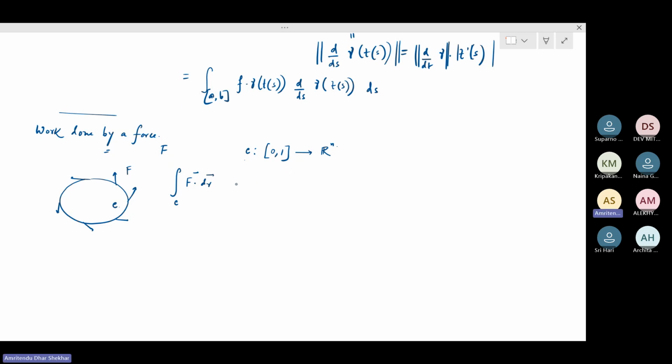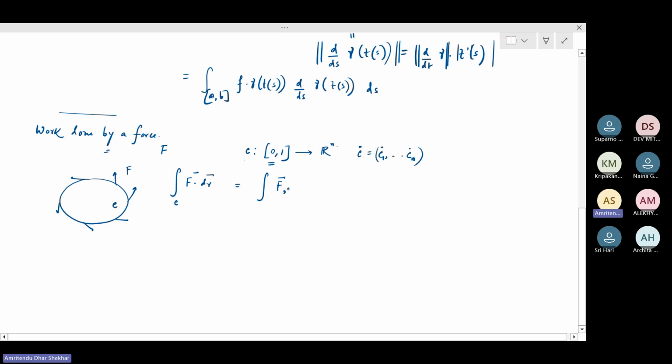Then what this is equal to is basically the inner product of the vector F with the tangent vector. The tangent vector is C dot, which is equal to C1 dot up to Cn dot.